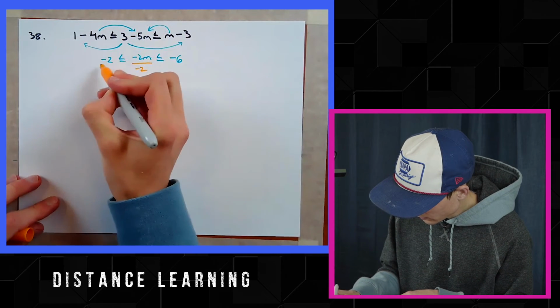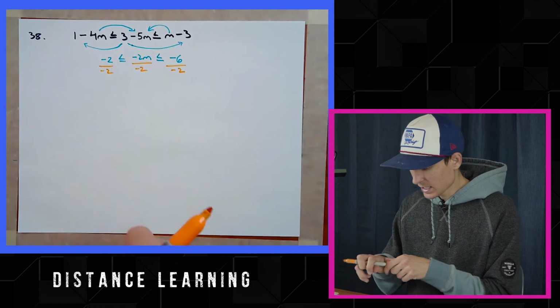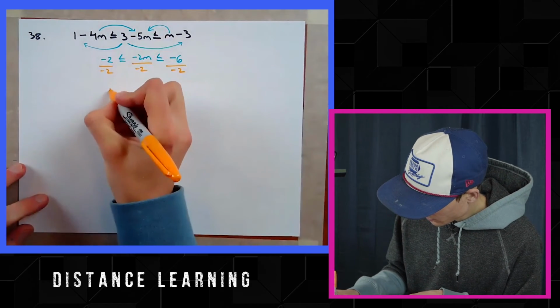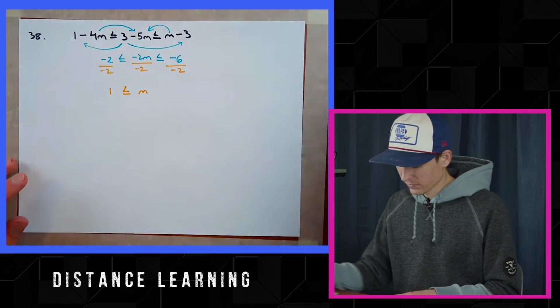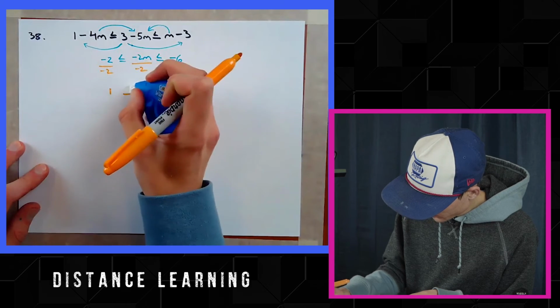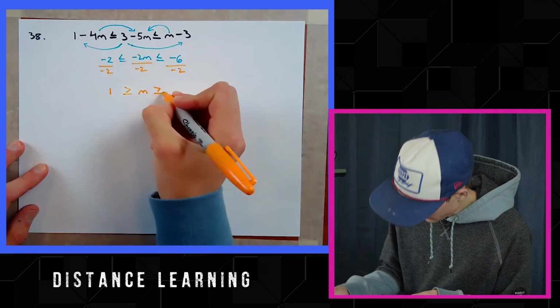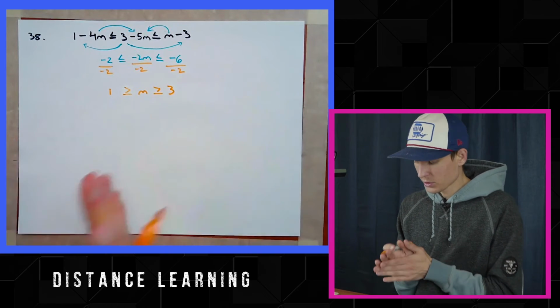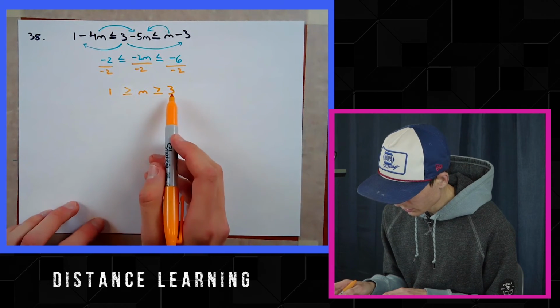by minus 2. Now we're dividing by a negative. That means I'm going to have to flip the sign. Wow, I said flip the sign and then I didn't flip the sign. Good job. Flip that sign. Right? So m is less than or equal to 1 and greater than or equal to 3.